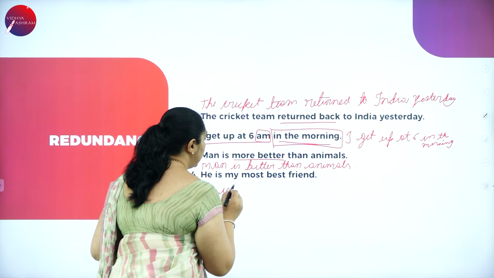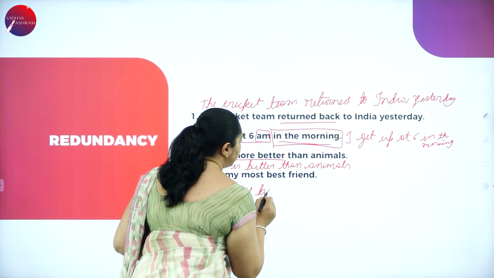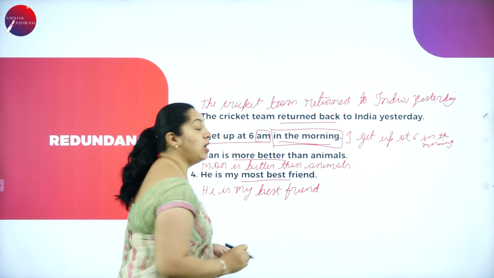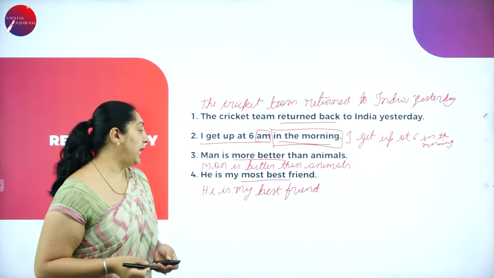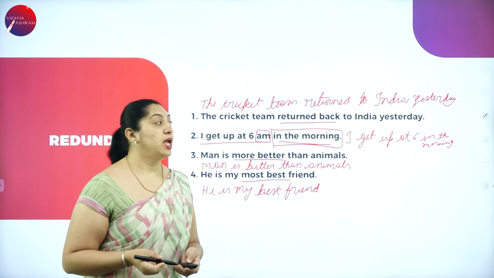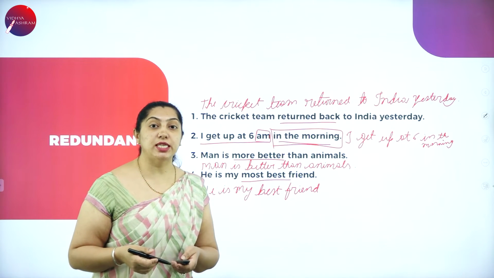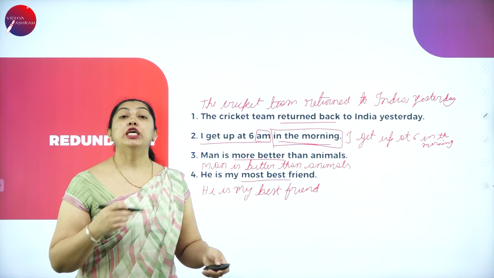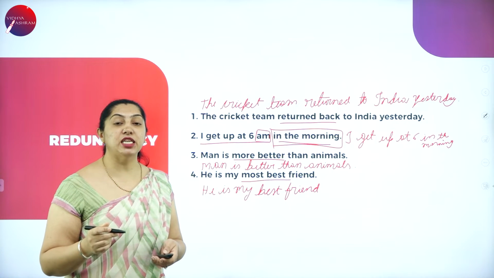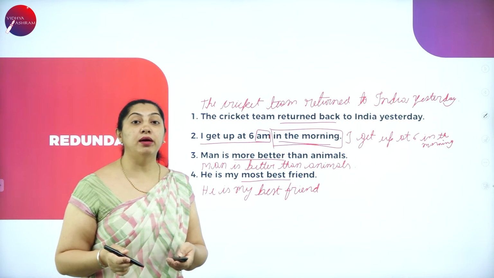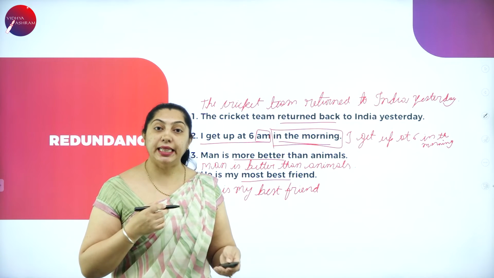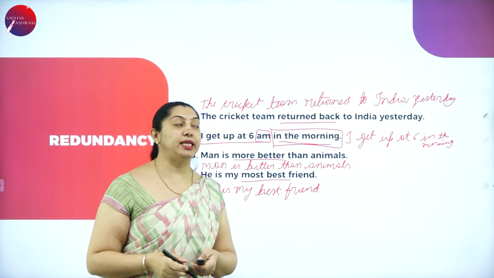He is my best friend. He'll not say most best. He'll say, he is my best friend. So these are a few cases where repeated words are used in the sentence, and those are the errors. You need to read the sentence properly, identify the repeated words and then rewrite the correct sentence.